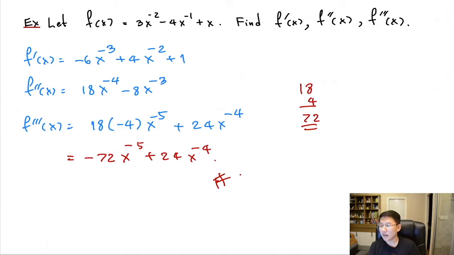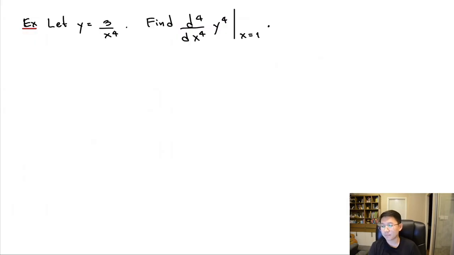Okay, let's look at some more examples. For example, this guy. Find the fourth derivative of y. Sorry, it's not y to the power of 4, it's just y. So guys, as I told you, what I would love to do is put things upstairs.